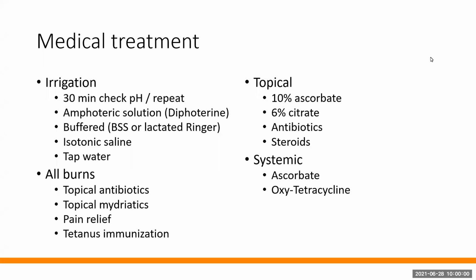And so that might include ascorbic acid, citric acid, which we give systemically on the surface of the eye. So more antibiotics and steroids. One of the common steroids here will be topical dexamethasone. And then they get given systemic antibiotics like tetracycline, and that's used not as an antimicrobial, but as a matrix metalloproteinase inhibitor to try and help healing of the ocular surface.